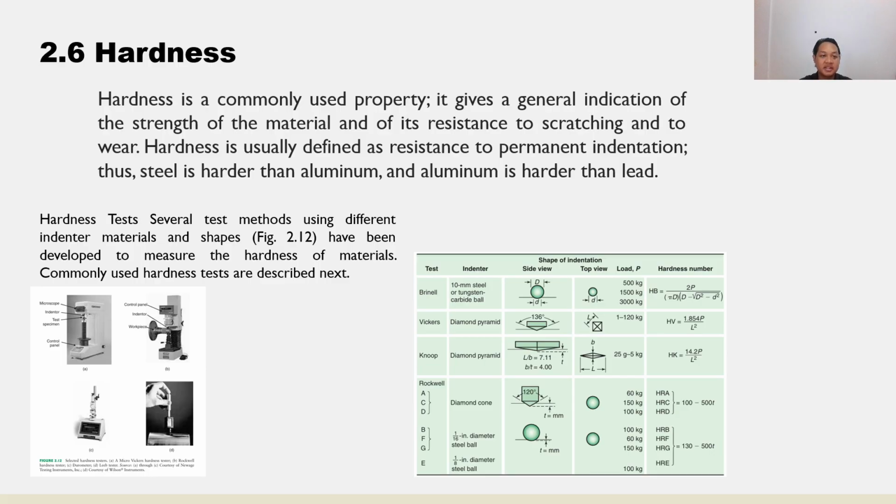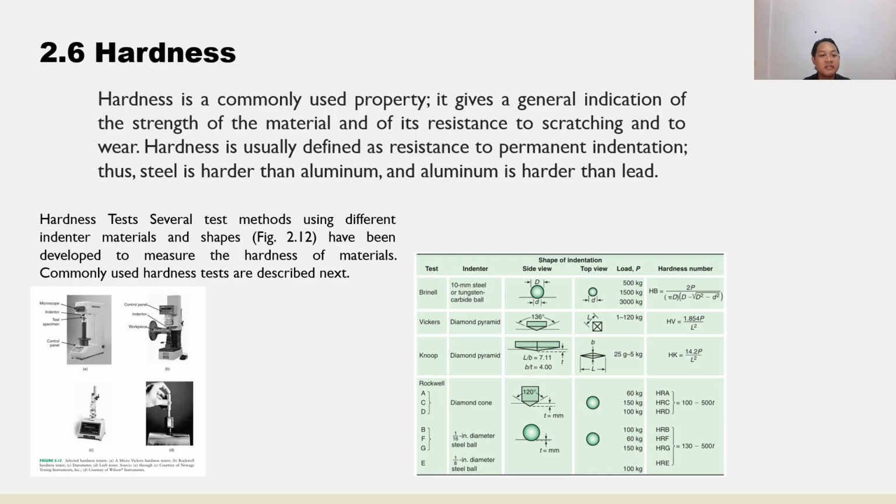Next is hardness. Hardness is a commonly used property. It gives a general indication of the strength of the material and of its resistance to scratching and to wear. Hardness is usually defined as resistance to permanent indentation. Thus steel is harder than aluminum and aluminum is harder than lead.